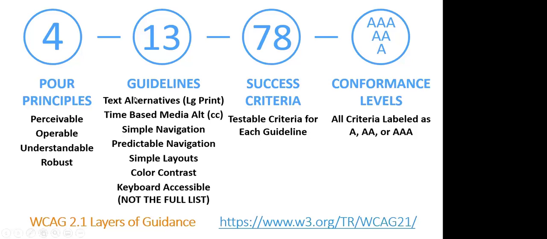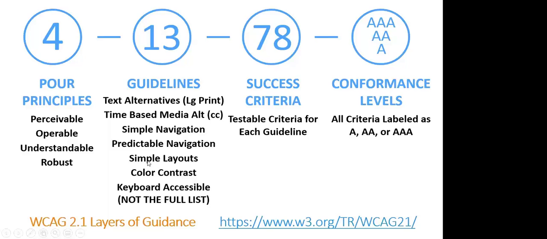It's pretty obvious things like you want to provide text alternatives, and large print is one example of that. If you've got media like video or audio, that you provide closed captioning, that your navigation is simple, that it's not confusing, and it's predictable. So maybe the home button is always in the same place.